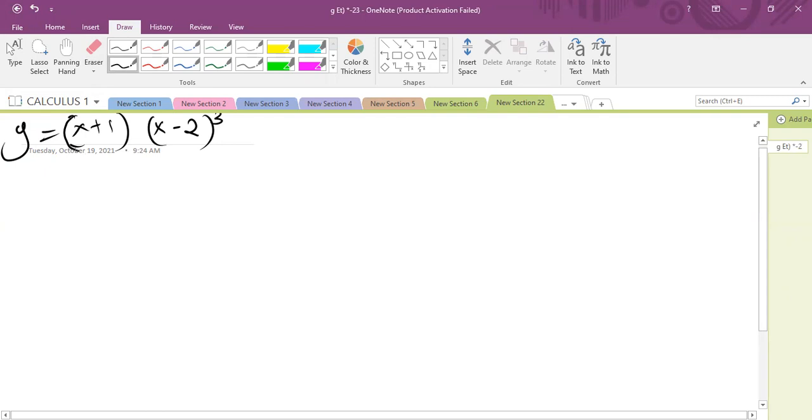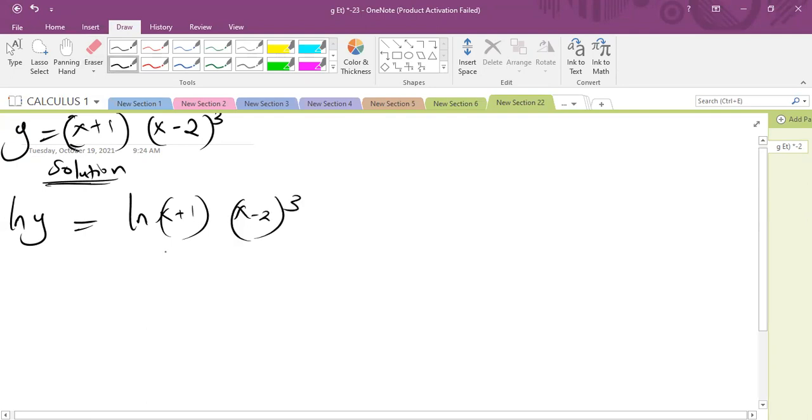So for this expression, the best thing to do when you're solving is to introduce logs to both sides so that you can be able to break this one down using the laws of logarithms. So I will introduce log to base e, which is ln, to both sides: ln of x plus 1, x minus 2 cubed. Now, using the addition multiplication law of logarithms, if you have two which have been joined together by multiplication under the log, it's the same as separating them by addition.